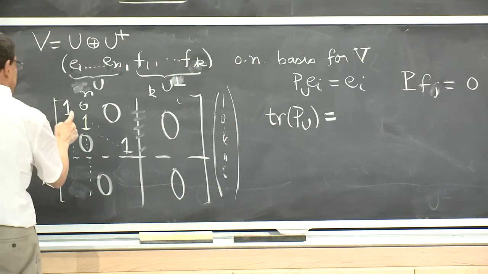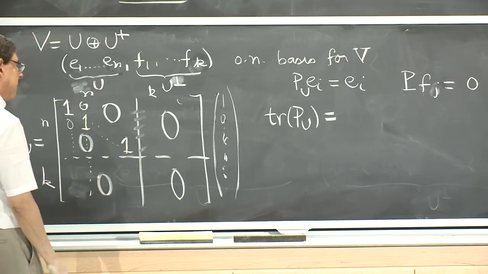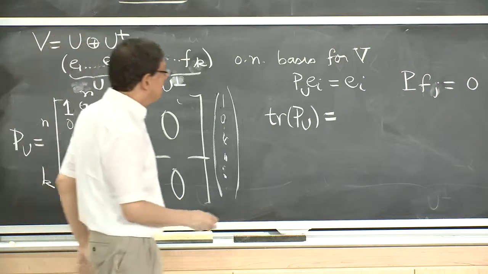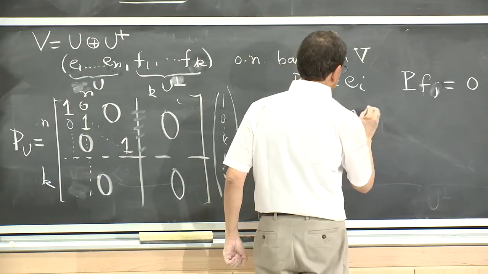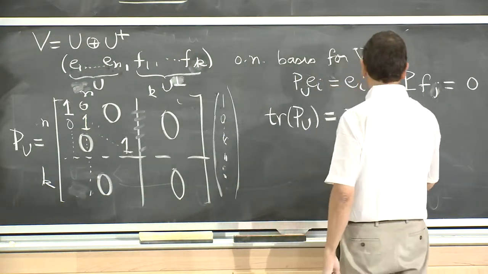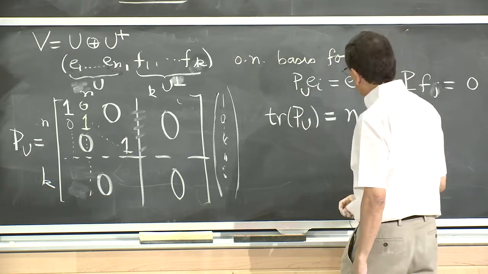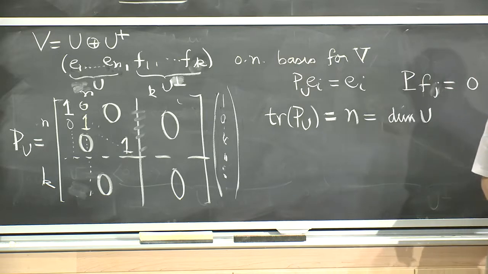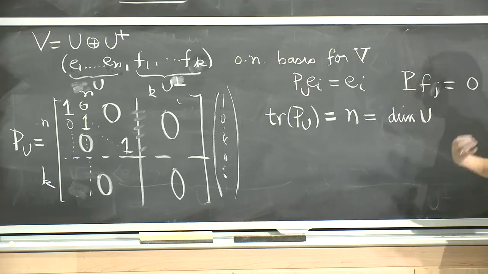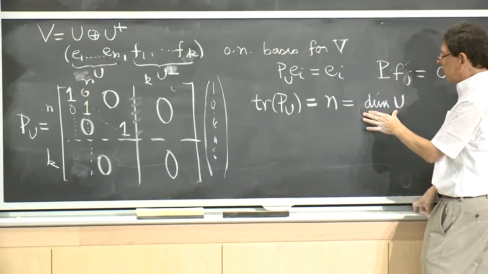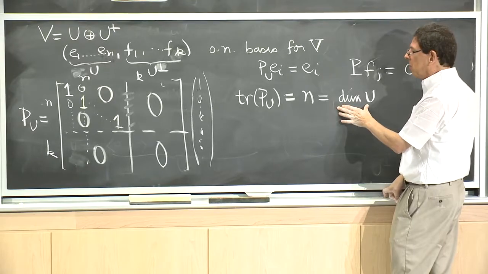So here we must sum the elements in the diagonal. Zeros here and 1s in n places. So this is n. But that happens to be the dimensionality of U. So this is a very beautiful result in which the trace of the projector gives you immediately the information of what dimension vector space you're projecting into.